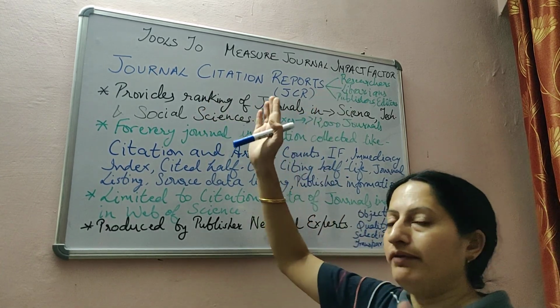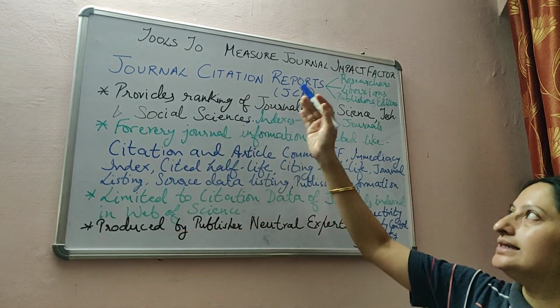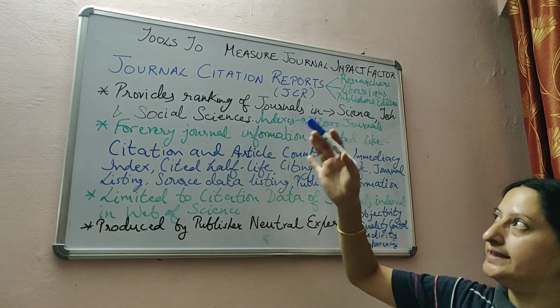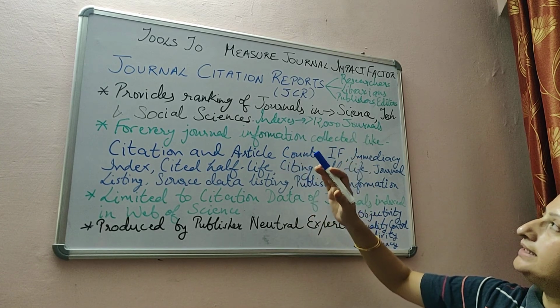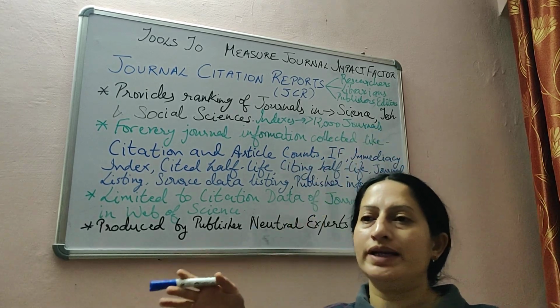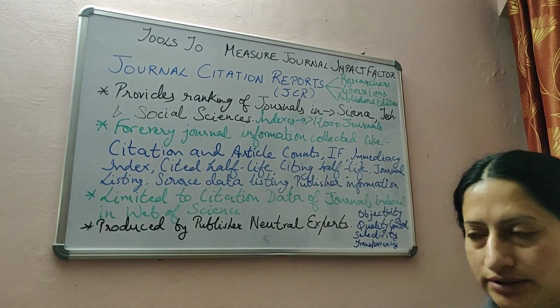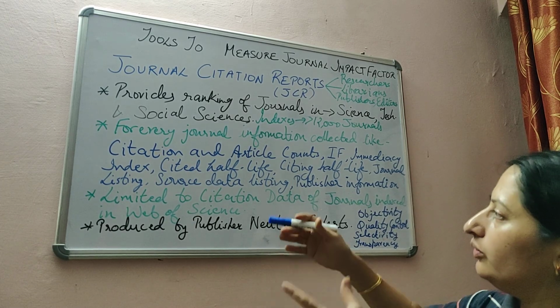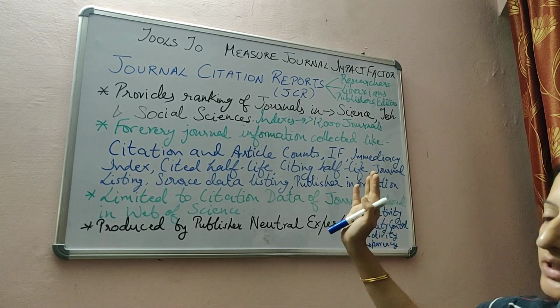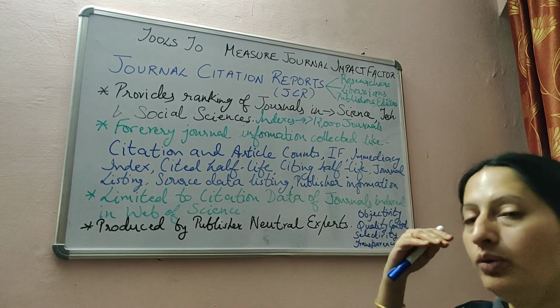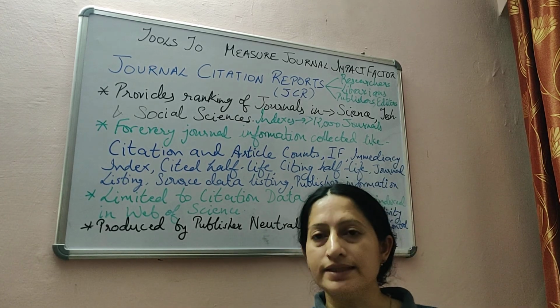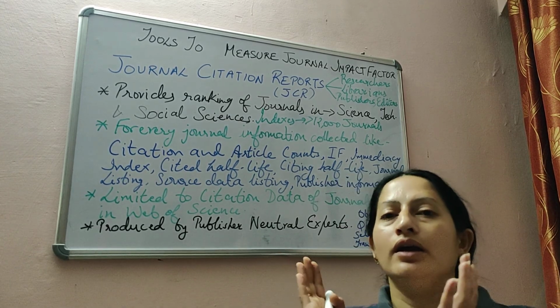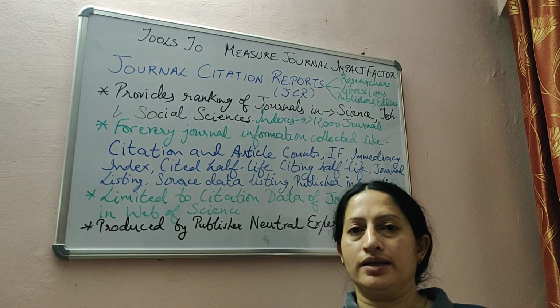So I hope you have understood this Journal Citation Report, or JCR, which is a tool to measure the journal impact factor. It also includes many other points about the journal, but its only drawback is that it includes only citations from the Web of Science database.